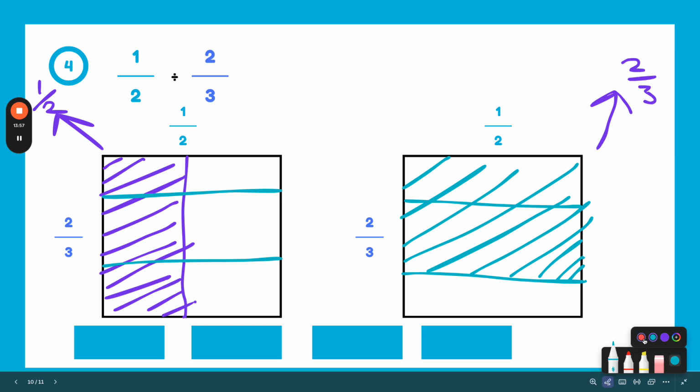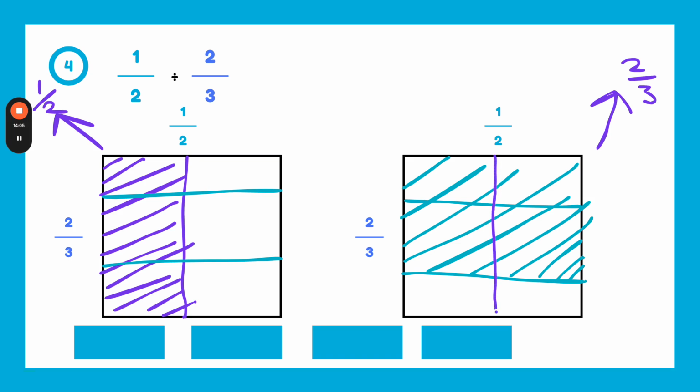And then we show a half. So a half just means dividing the square into 2. So this is our group of 2/3.